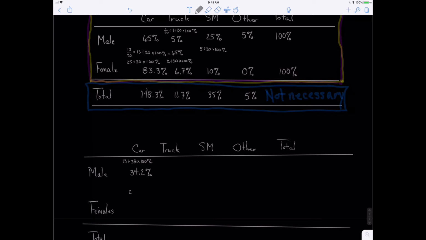So that would be 25 divided by 38 times 100%. And what we find is that 65.8% of cars are driven by females.